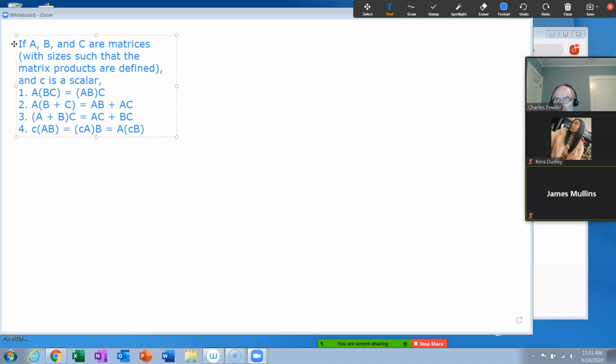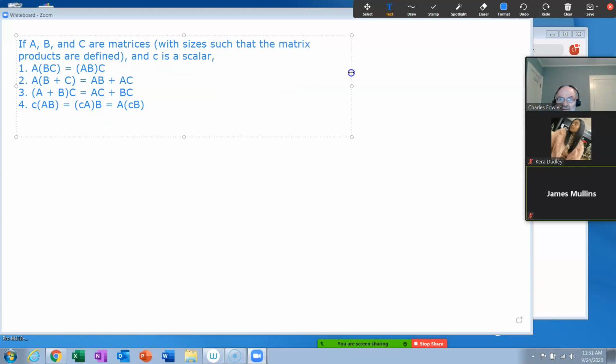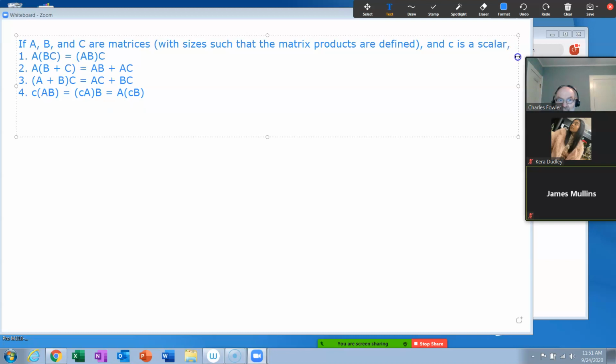Okay. All right, got it all in one line. There are the four properties.